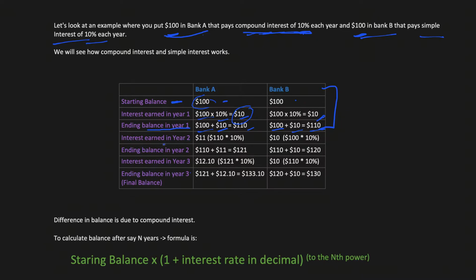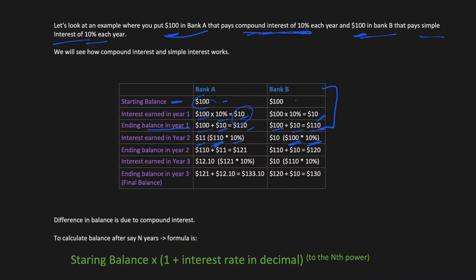So in year two, the interest earned would be $110, which was the balance in year one, times 10%, which is $11. However, in bank B's case, which is simple interest, we still calculate the interest earned on the same amount, which is $100. So we get interest as $10. Now here is the difference. If you look at the amount that we are multiplying to calculate interest earned, it's different.